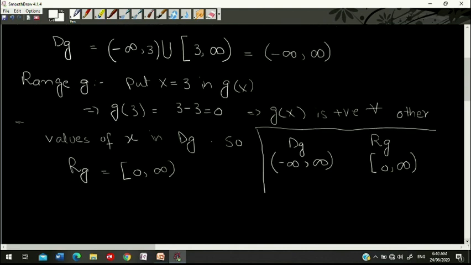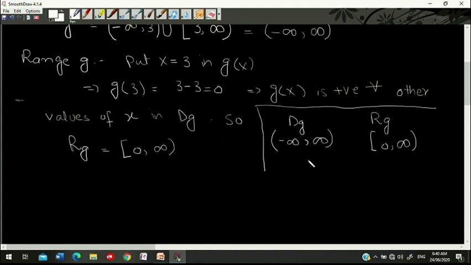If I put any negative number, less than 0, into g of x equal to mod of x minus 3, like if I put minus 1, then we have minus 1 minus 3, and with the mod function we get minus 4. And this mod function always gives you the positive result, that is plus 4.